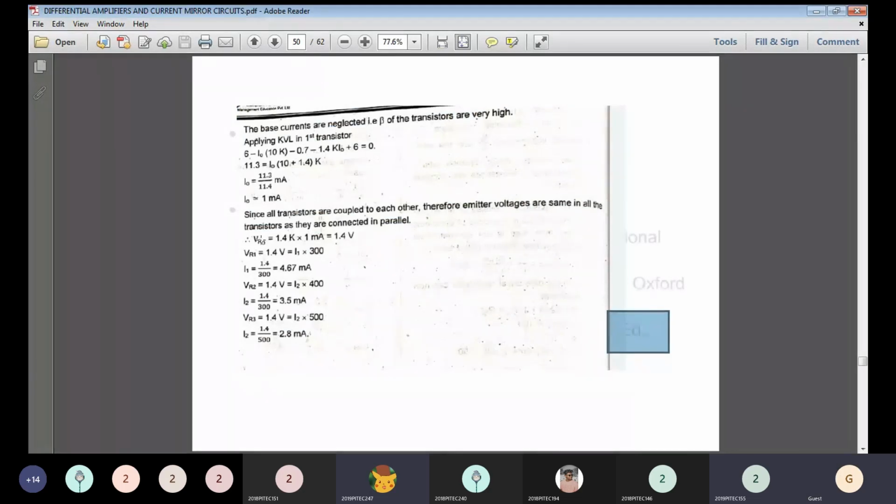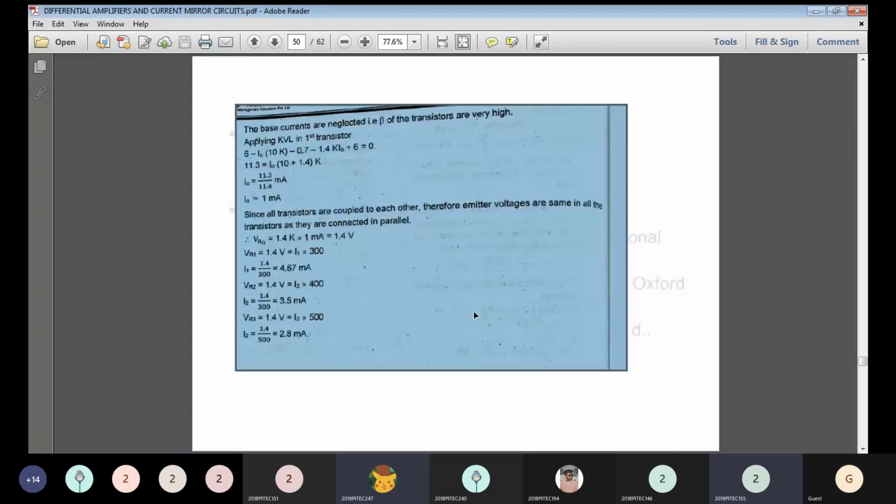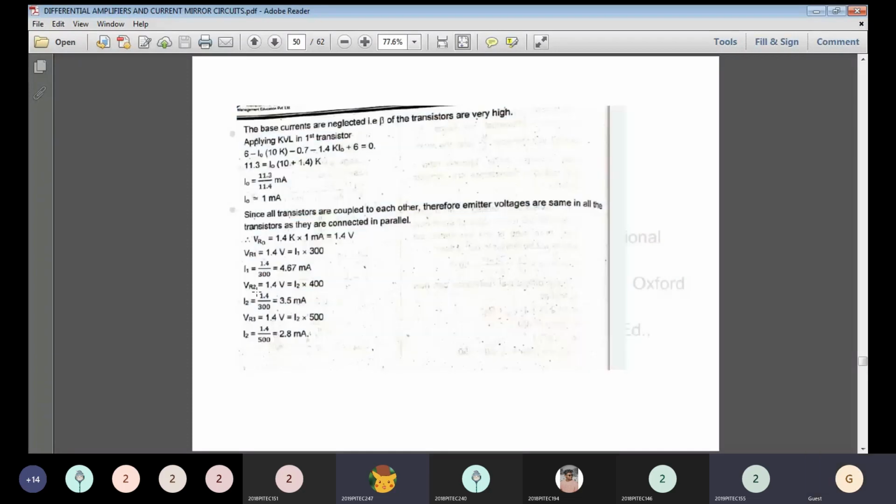Similarly, we can calculate the value of I1 and I2. So VR2 is equal to I2 into R. The R value is 400 ohms. So that is the value of I2. I2 is equal to 3.5 milliamps.